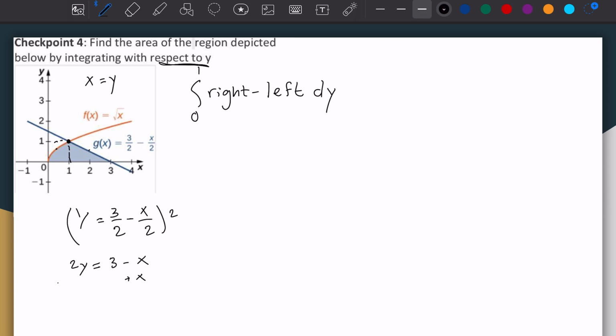Add the x and subtract the y: 2y, x equals 3 minus 2y. That's one of the most important things: you have to make sure it is x equals the function in y's. That's the most important thing with switching these problems over.